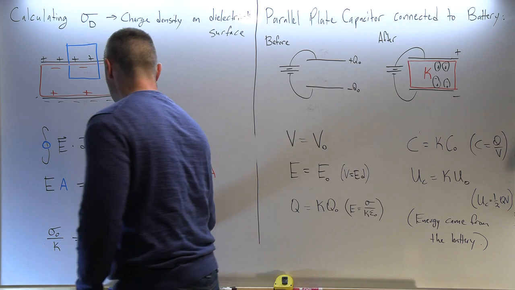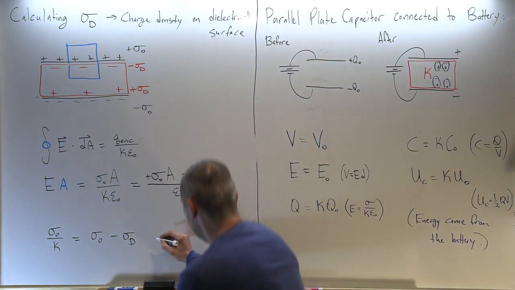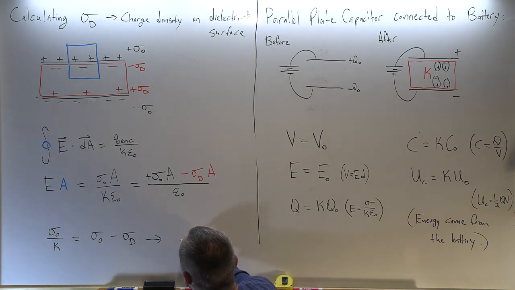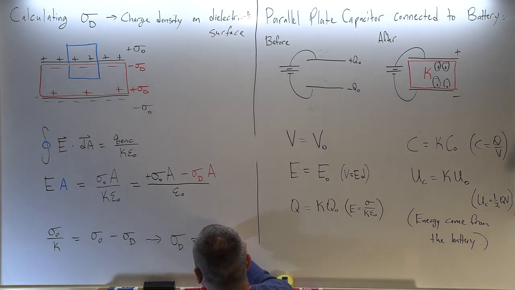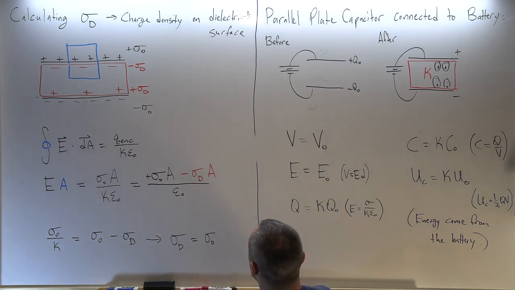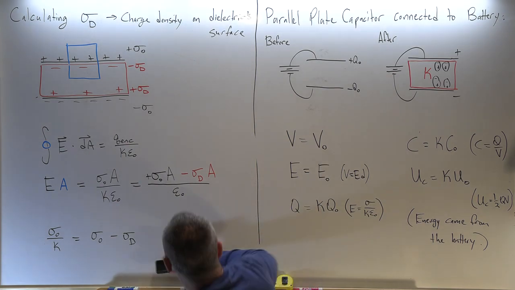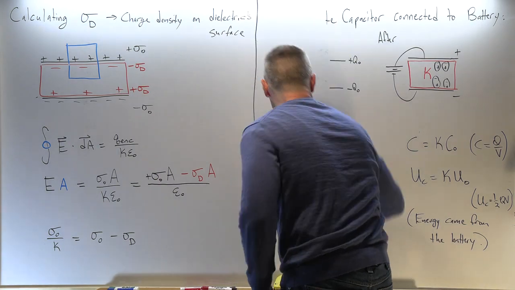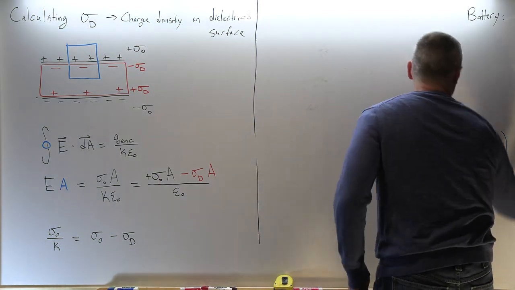And so if I move sigma dielectric to the other side, and move this term to this side, I get an expression for the charge density on the surface of the dielectric. Well, you know what, maybe rather than be lazy and risk confusion, let's do it right.